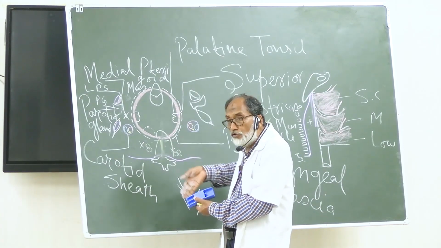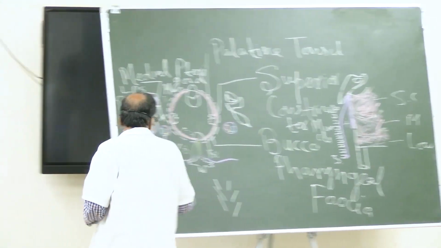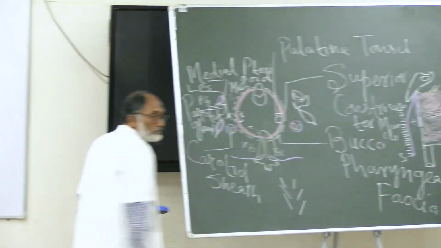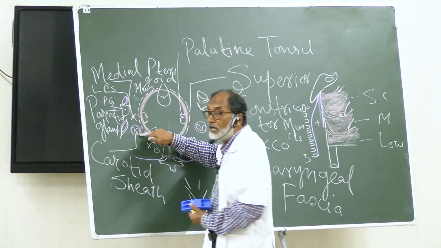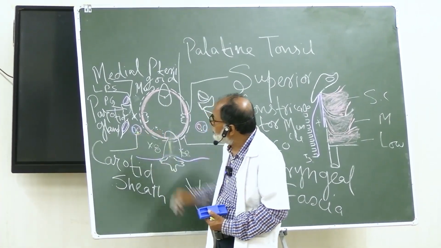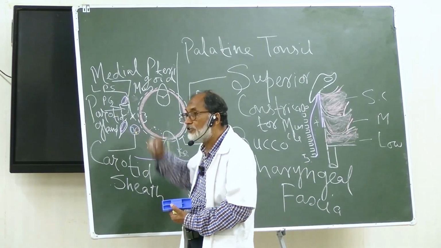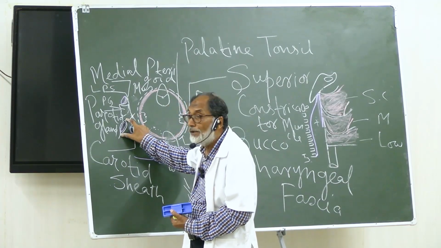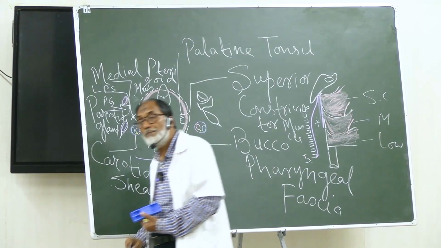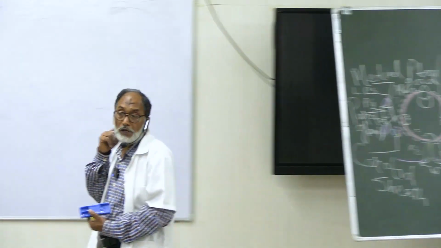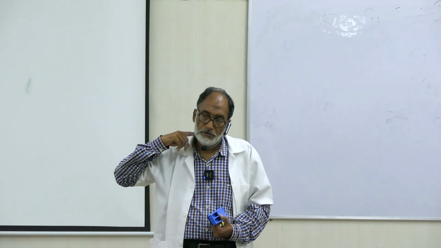It is not only anteriorly and posteriorly; it may also extend laterally. When this Caries cold abscess extends laterally, it will pass behind the carotid sheath, and it will appear behind the posterior margin of the sternocleidomastoid, right?